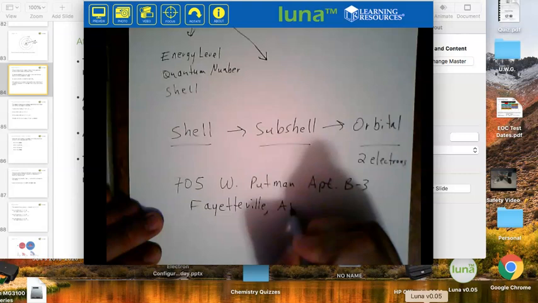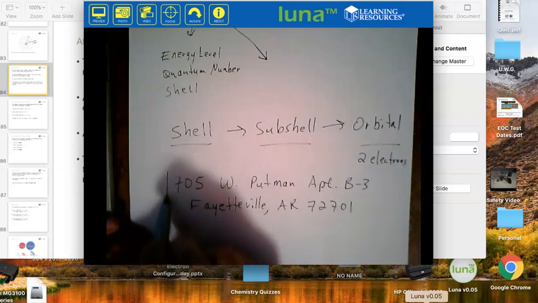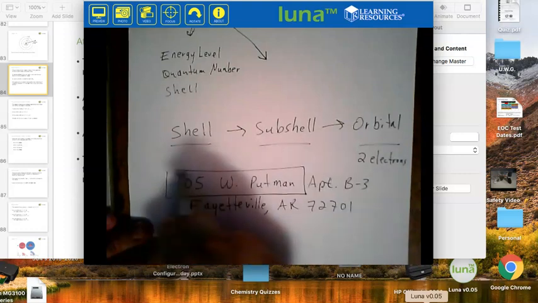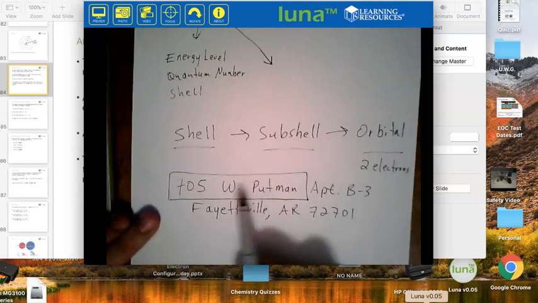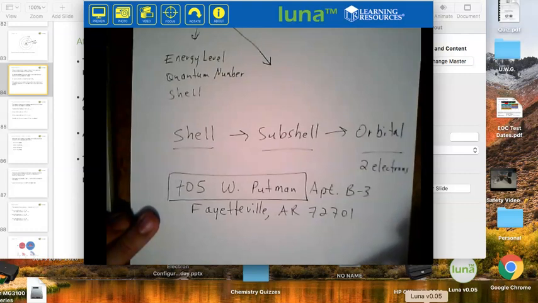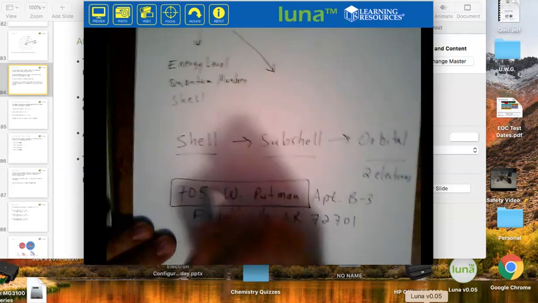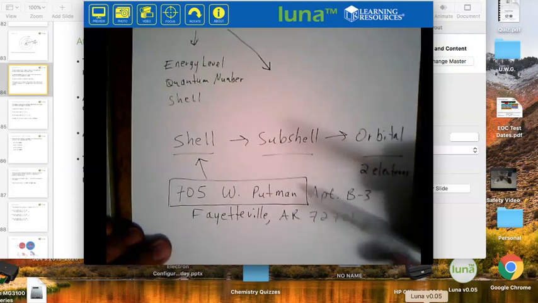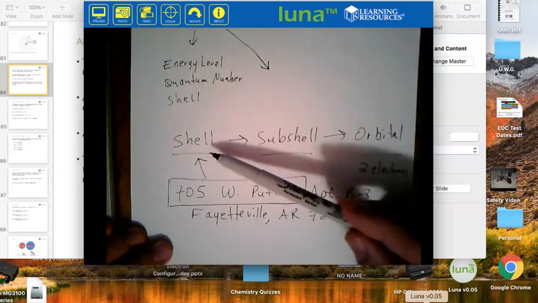Everybody in that complex had this part of my address, 705 West Putman. So that's sort of like the shell. At a certain shell, you have a lot of electrons that have the same energy level.